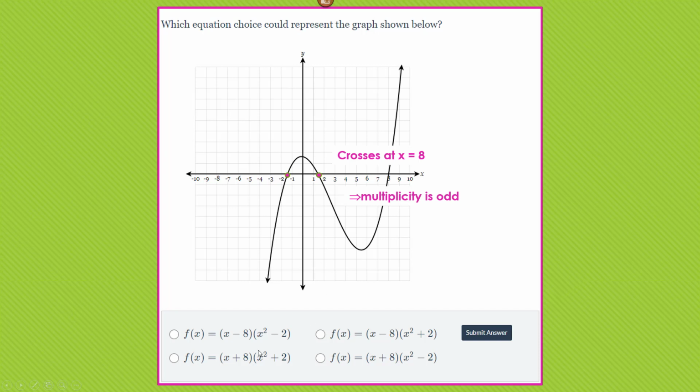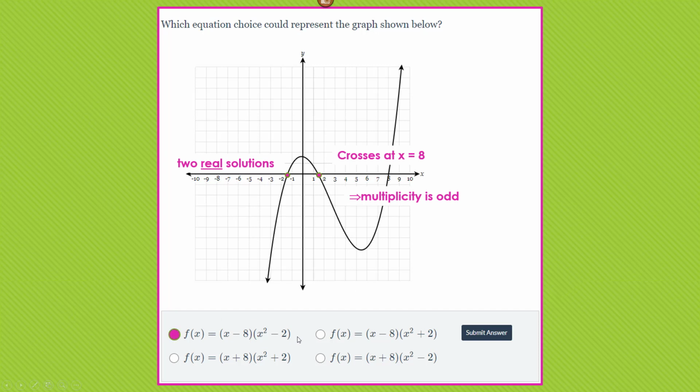at x equals 8. All right, but then how do I decide between these two choices? Well, these two solutions may not be nice numbers, but they are real solutions. They're real numbers, right? And so I might want to look to see which of these two choices is going to give me real solutions versus imaginary solutions. And it would be this one, right?